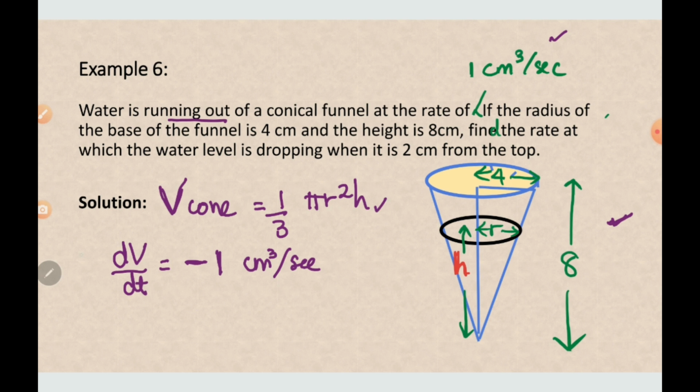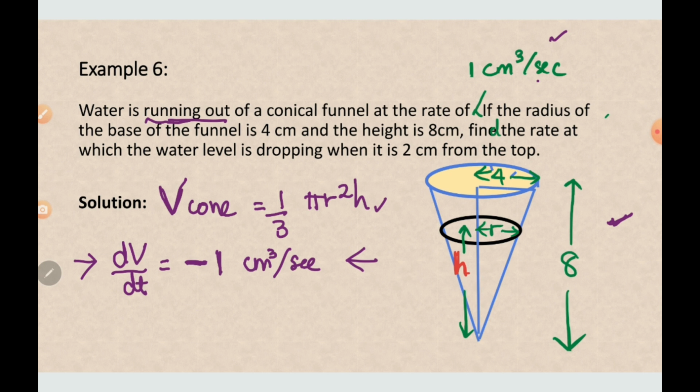Then you need to write down what is the information given. The water is running out of the cone at the rate of 1 centimeter cube per second, means you have to write dV dt, the rate of change of volume, is equals to -1. Negative because the water is running out, 1 centimeter cube per second.